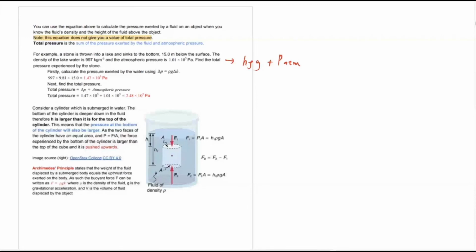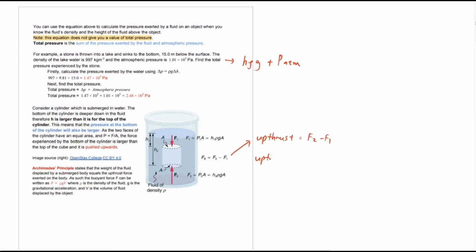And you want to find the weight of that volume of water. That will be the upthrust. So the upthrust is F2 minus F1, which is from here.